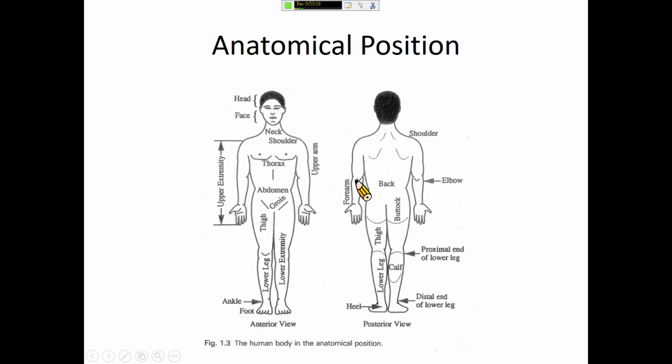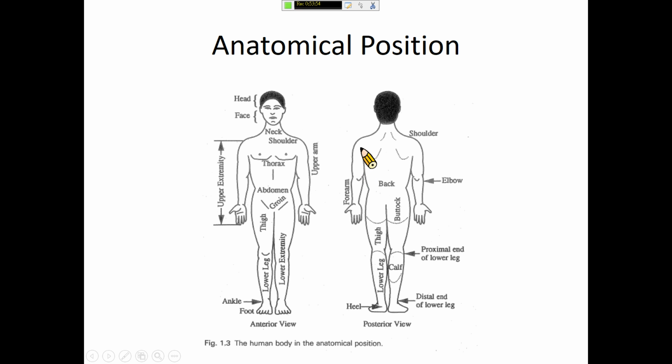Okay, let's try forearm. At the elbow, this end, would you call it proximal or distal? Yes, proximal. Why? If you raise your arm, you can imagine this end is closer to the center.